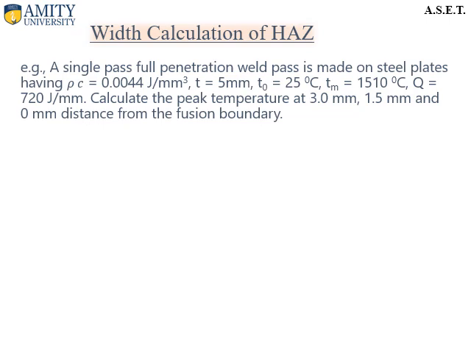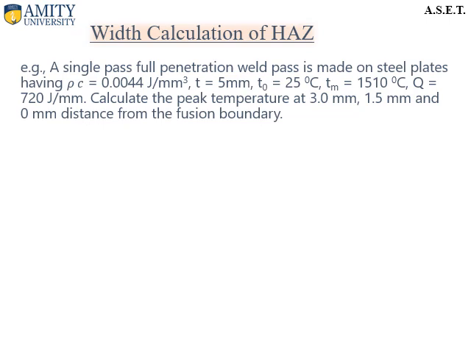T equals 5 millimeters, representing the thickness. T naught means the initial temperature, which is 25 degrees Celsius. Tm means the melting point temperature, which is given as 1510 degrees Celsius. Q is given as 720 joules per millimeter, which means the net heat supplied.